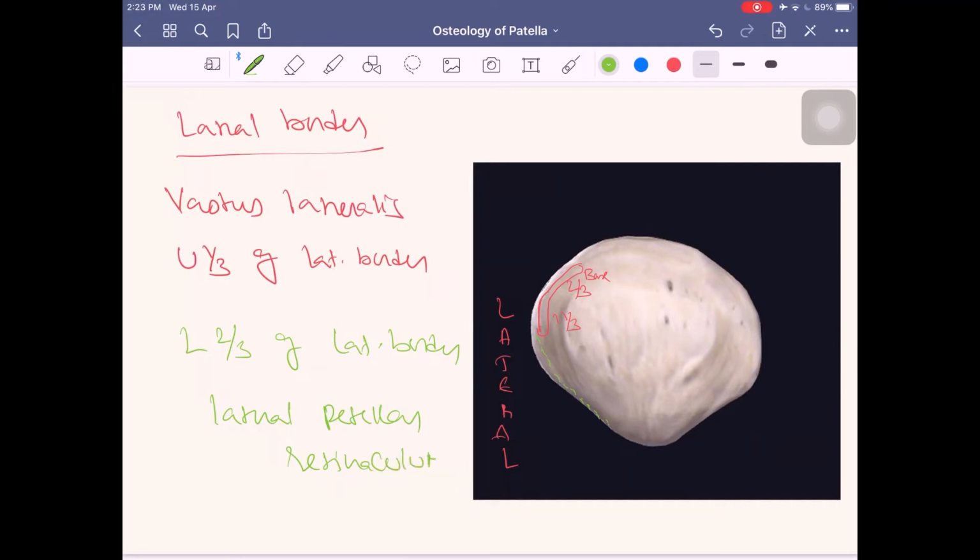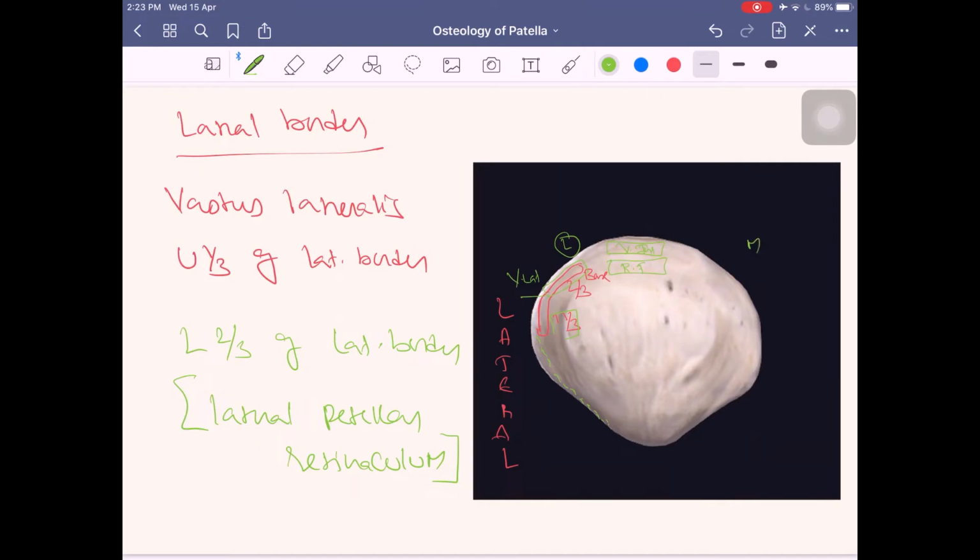So lateral patellar retinaculum is an aponeurotic extension of your vastus lateralis inserted to the lower 2/3 of the lateral border, whereas in the upper 1/3 you have the vastus lateralis, whereas the remaining part of the vastus lateralis is actually inserting into your base only. So if you see, base has got rectus femoris anteriorly, vastus intermedius posteriorly, and in the lateral part you got even the 2/3 part of your vastus lateralis.